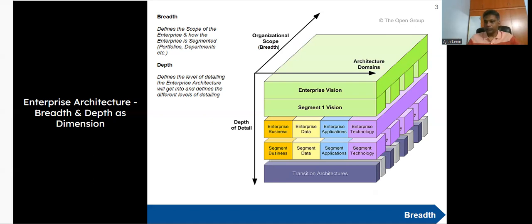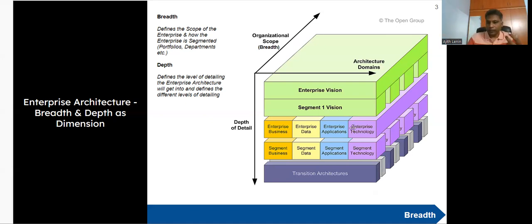In this visual, the top layer is the enterprise level, where we have, say, the enterprise-level vision, which can be broken down further into segment-level visions. When you go into segment details, the vision gets more expanded towards each segment, but it gets mapped to the higher level, so it represents a detailing of the enterprise-level vision.